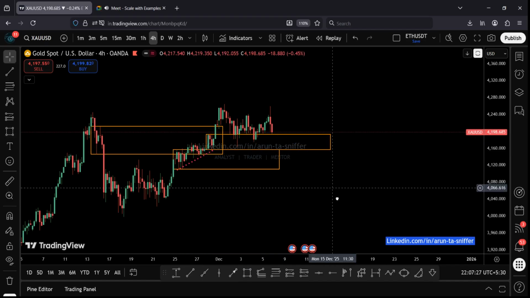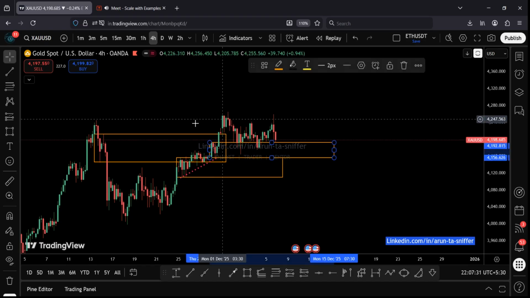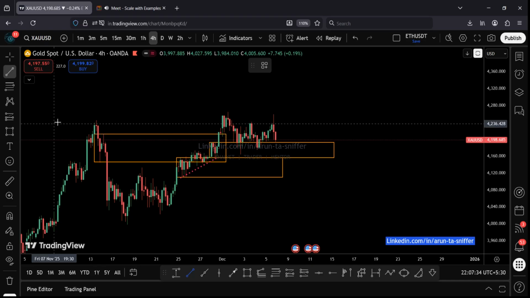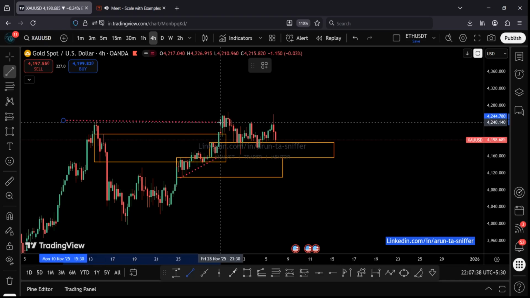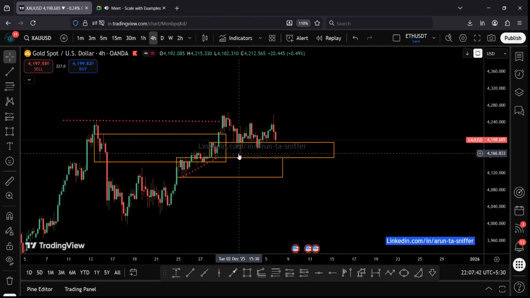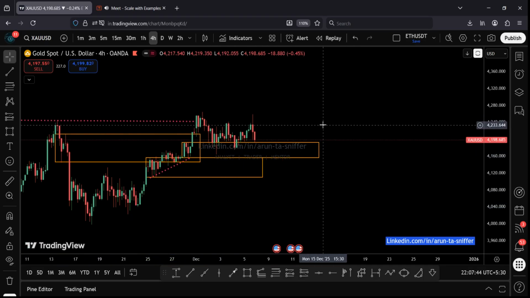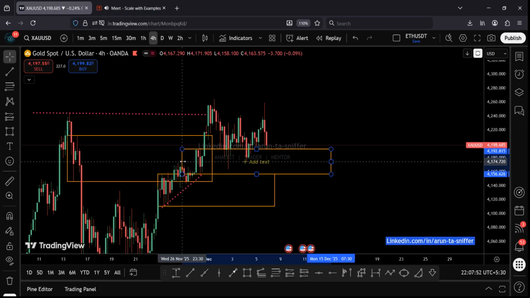Okay, and this is also the point where the final decision was made to break this high. On this time frame, price pulls back and goes back again to the origin of the move before coming down. So here we had another opportunity on a lower time frame.